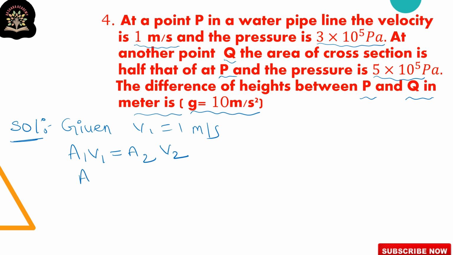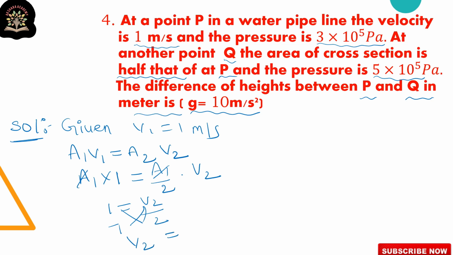Substitute A1 is A1 and V1 is 1, and A2 they have given as half of that, so A1 by 2, into V2. Here A1 and A1 cancel. So 1 is equal to V2 by 2. Taking cross multiplication, V2 is equal to 2 meters per second.